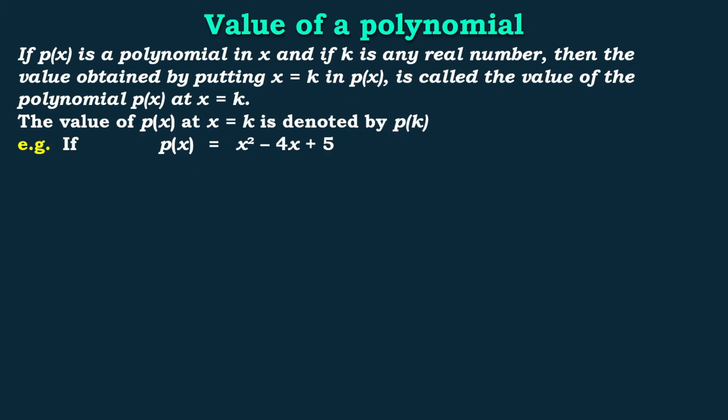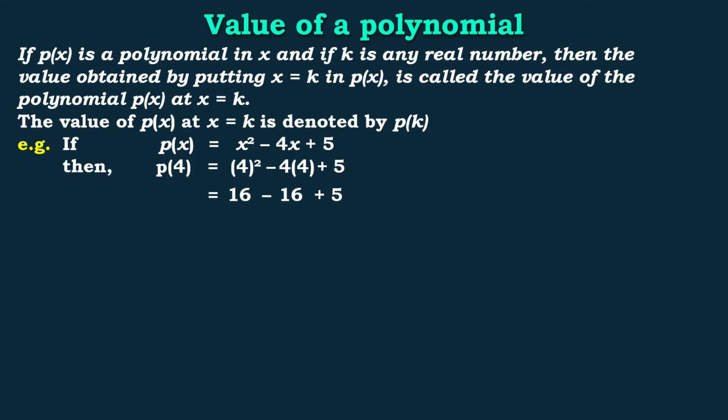If p of x is equal to x squared minus 4x plus 5, we want to find p of 4. To find this, we replace x by 4. So, p of 4 is equal to 4 squared minus 4 multiplied by 4 plus 5. 4 squared is 16. 4 multiplied by 4 is 16.